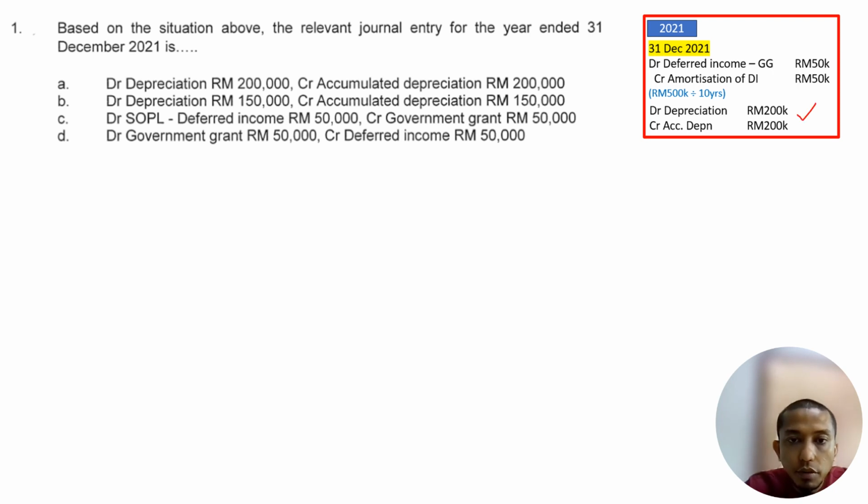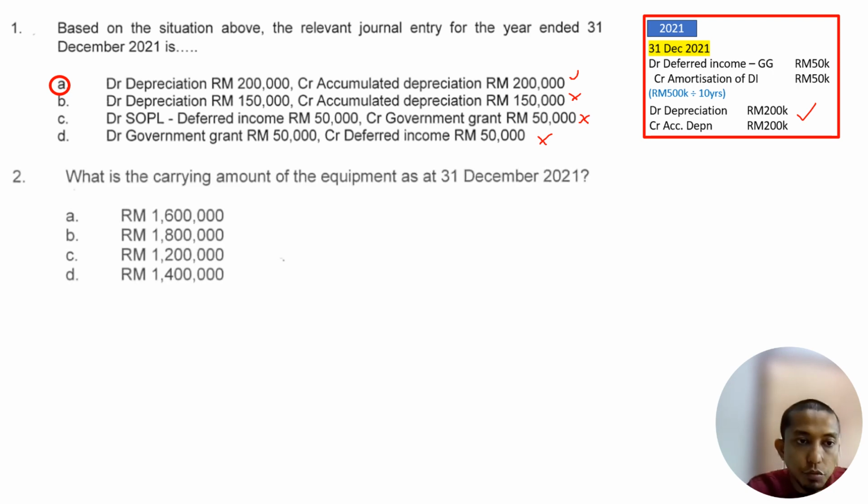This one is correct. Debit depreciation 150, this one is wrong, not 150. Debit statement of profit or loss, deferred income 50,000, credit government grant. It's not government grant, it's amortization of deferred income. Debit government grant is also wrong. So the answer will be A.